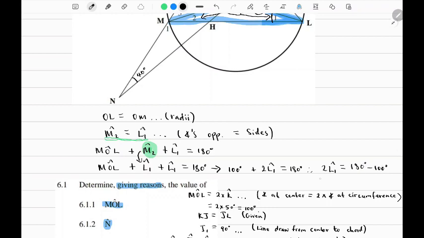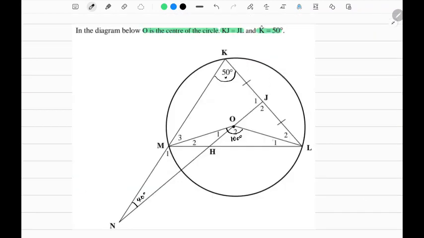This implies that 2L1 is equal to 80 degrees. Therefore L1 should be equal to 40 degrees. So we can label L1 here as 40 degrees.